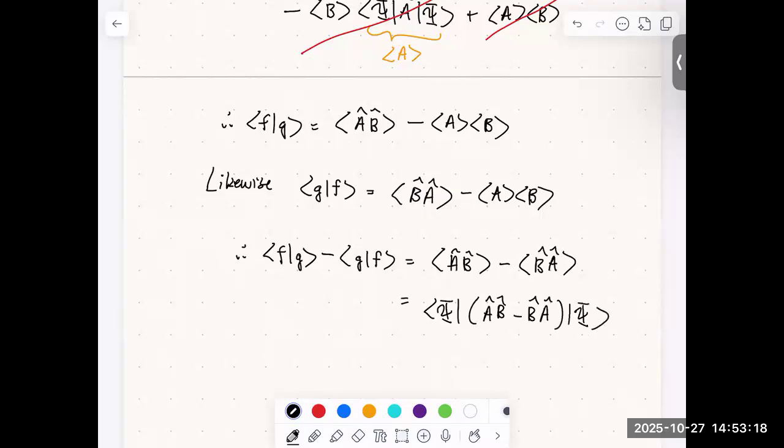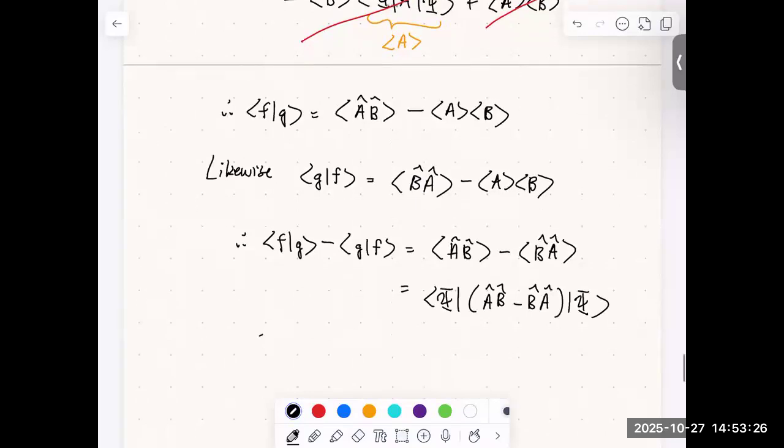But as we already guessed, this is just the commutator between the operators A hat and B hat. And so therefore, this kind of abstract quantity that we've been working on boils down to the expectation value of the commutator of operators A hat and B hat. So it's kind of a pretty result, actually.